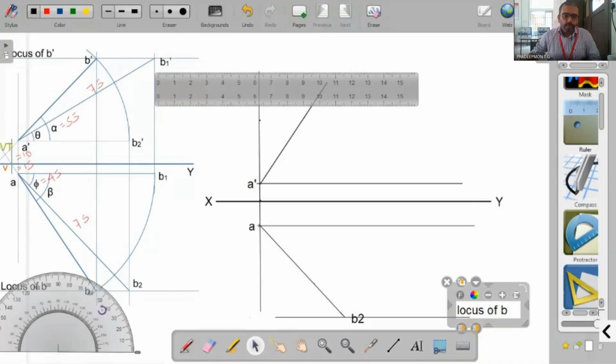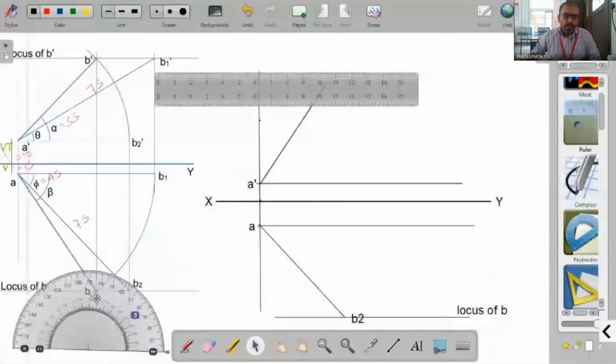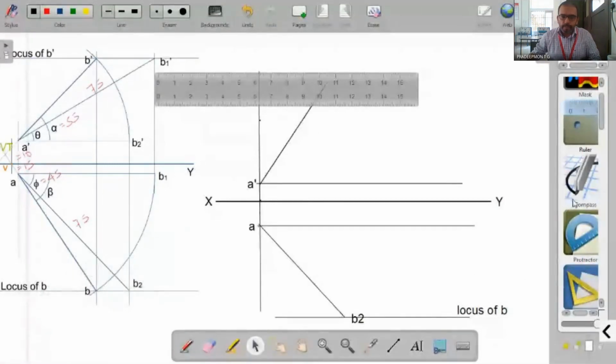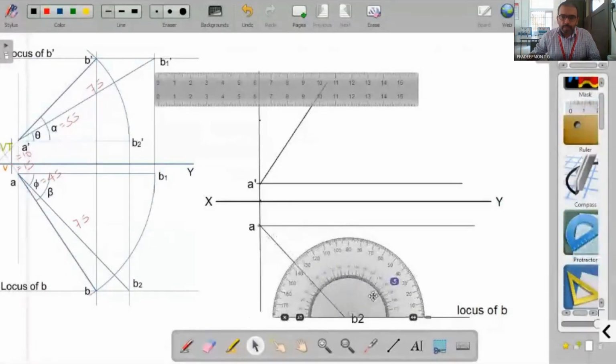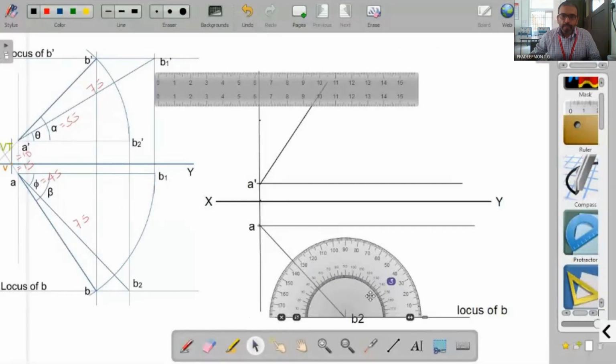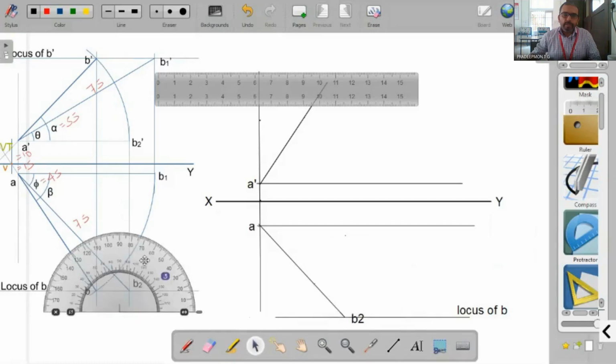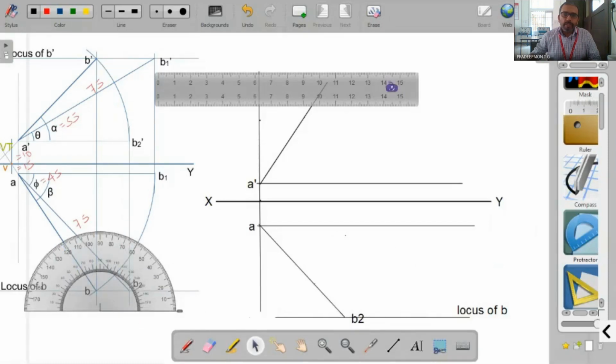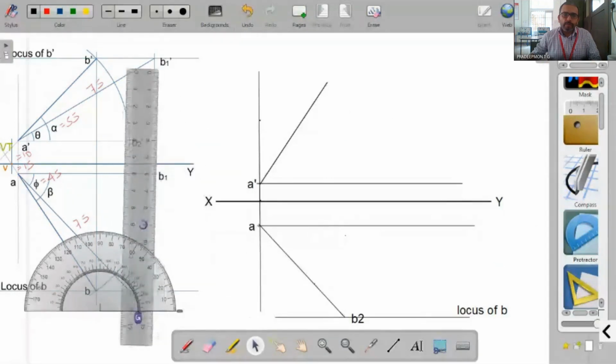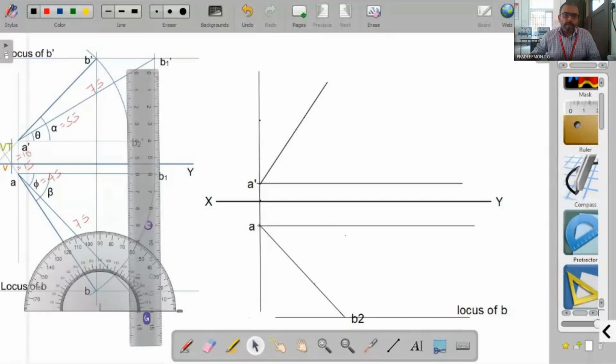In order to draw the perpendicular line, as I said, you have to use your protractor. Otherwise, if you don't use your protractor and just draw something like a perpendicular line, it may not be exactly perpendicular. That is the difficulty. If the drawing is not perfect, there will be some errors.